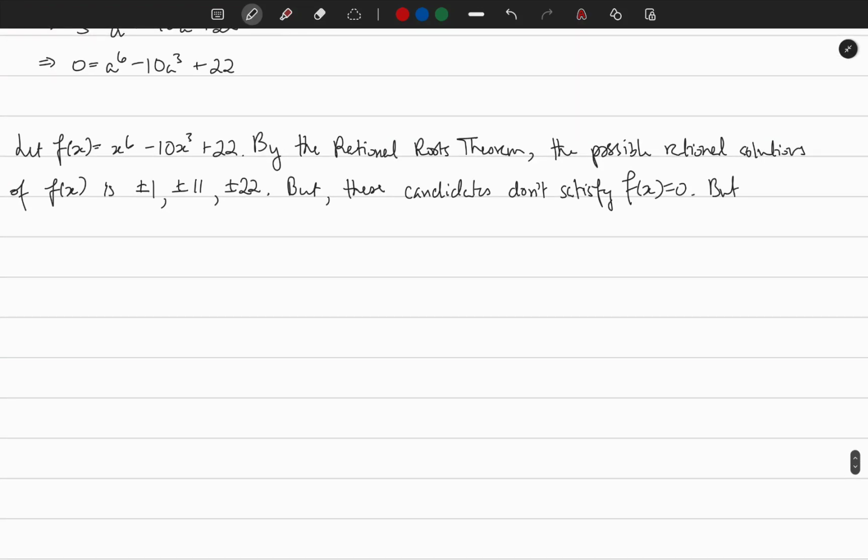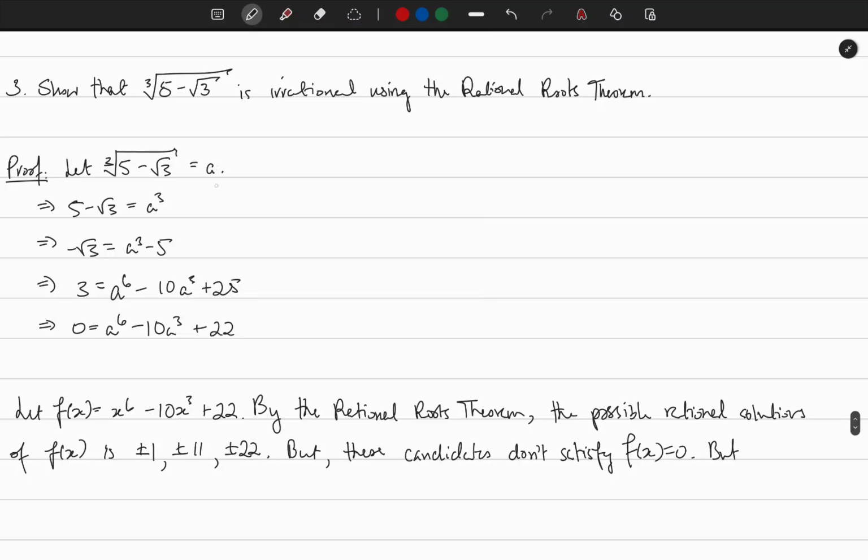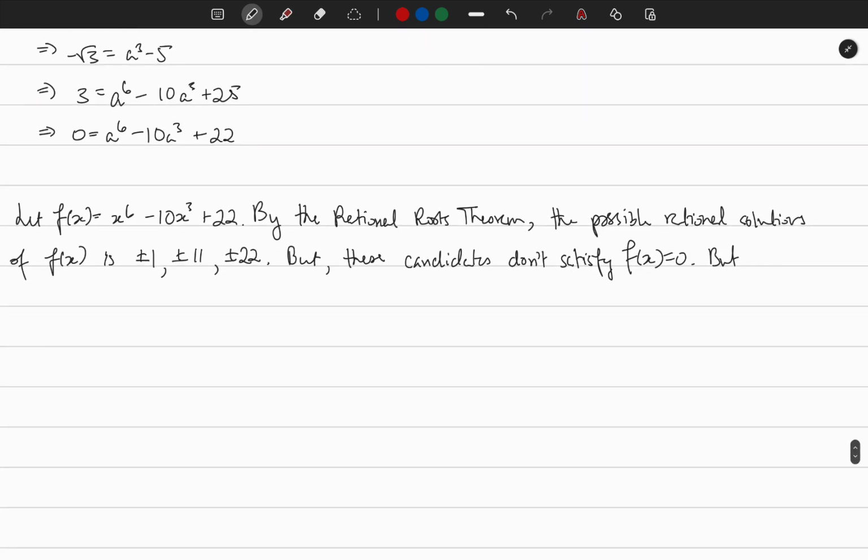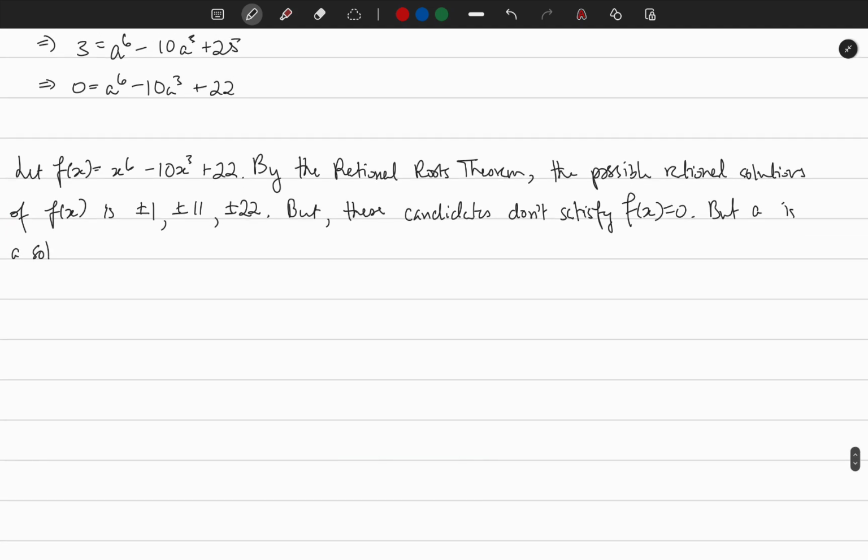But however, since we devised this polynomial from this number a, we see that a is a solution, which really means that f of a equals 0.